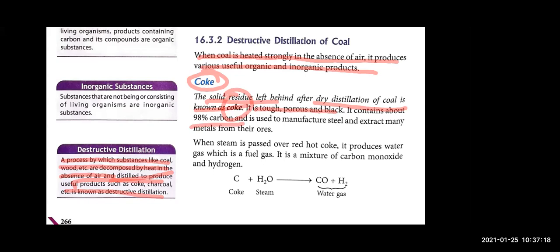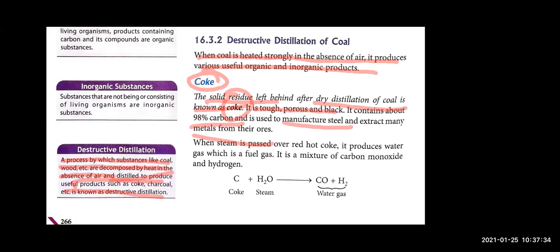And where it is used, children? It is used to manufacture steel and to get metals from the ores, right? So this is your coke.